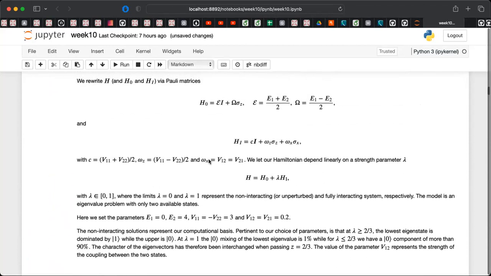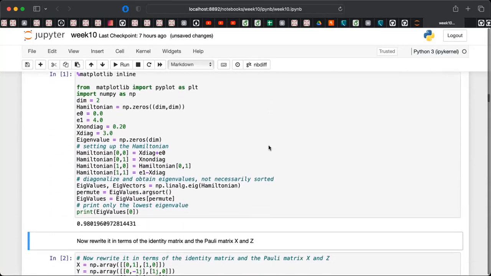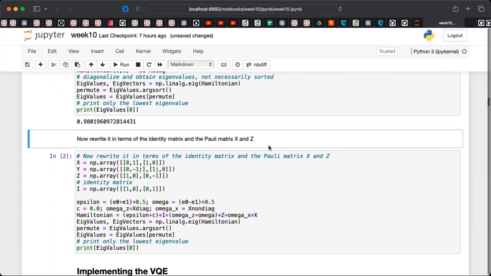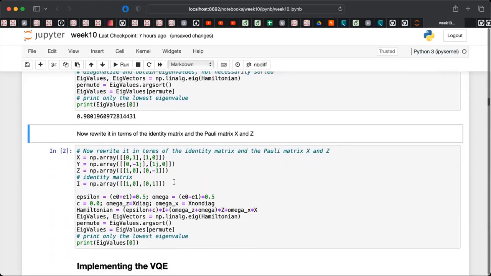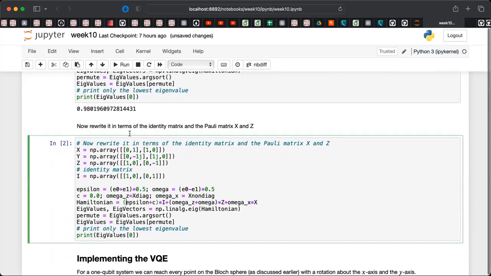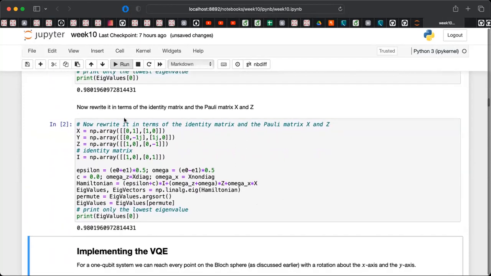I'm just plugging in these expressions which we set up. And if we diagonalize, then we should just get the same result, unless we have punched in things wrongly. So you can see now that when we rewrite it in terms of the identity matrix and the Pauli matrices X, Y and Z, we end up with the same eigenvalue as before. So if you now run it, you will see that we have exactly the same value, as it should be.